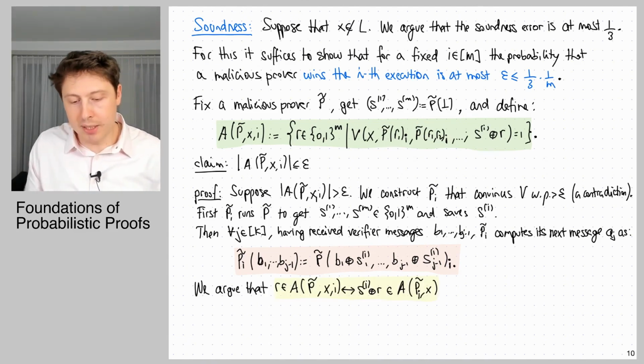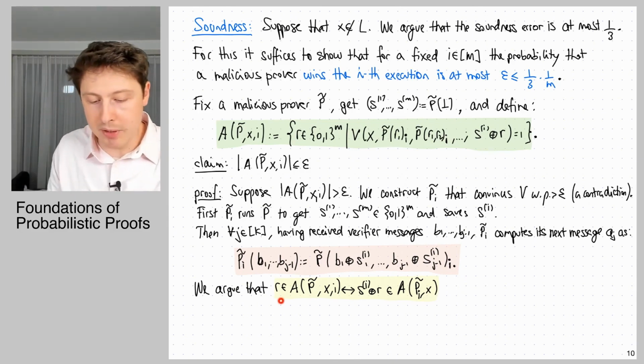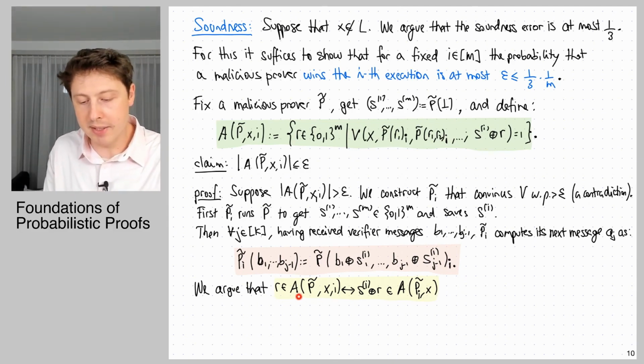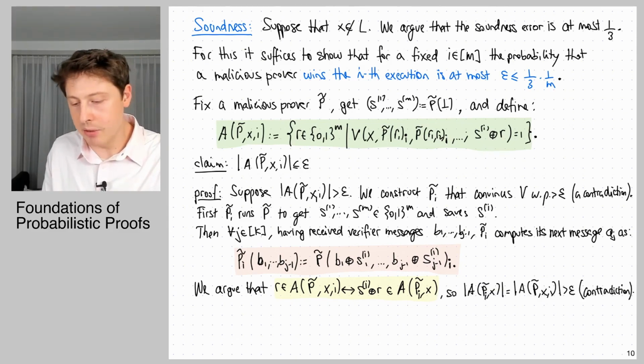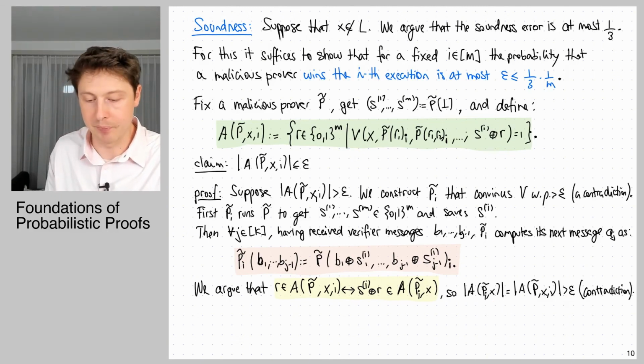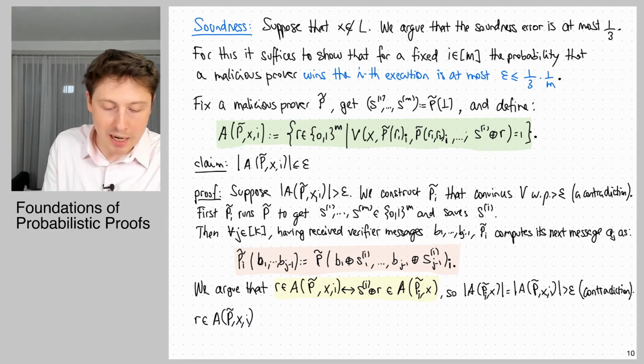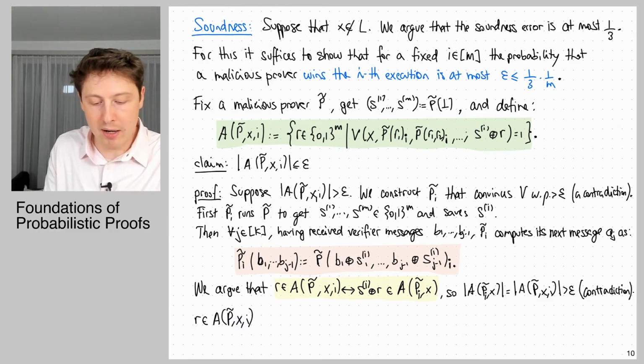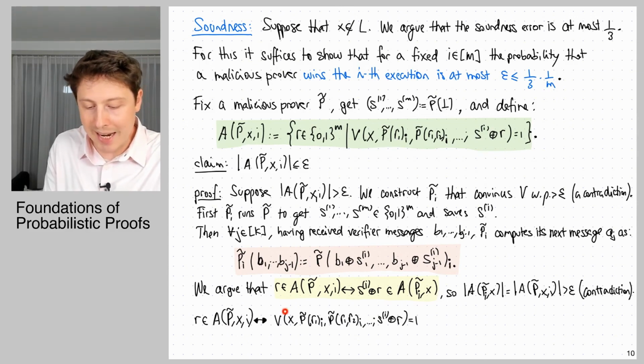And now I want to argue that for any randomness that was in this set, I have a corresponding randomness where this prover wins, okay? And so that shows that this prover wins in the original interactive proof with probability greater than epsilon, okay? But that's easy, right? So I have a random string where this new prover wins in the ith execution. This is exactly what it means to do that.